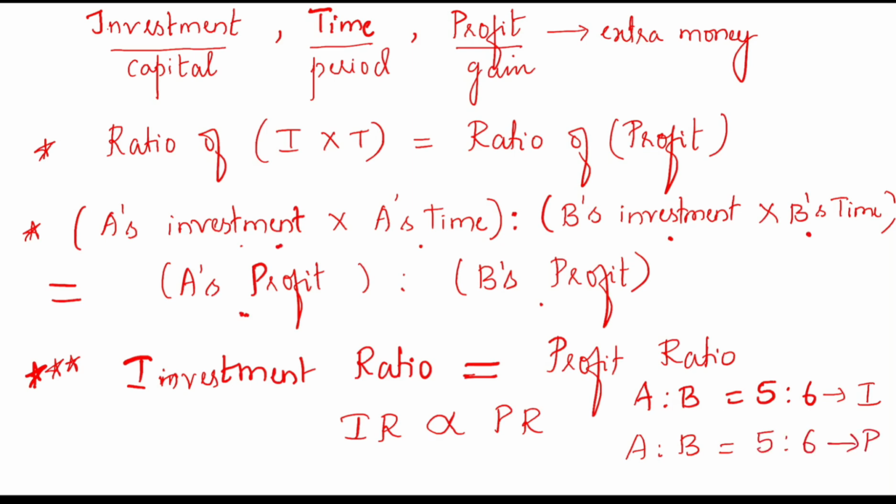If A and B have invested in the ratio 5:6, then they will share the profit also in the ratio 5:6. This was the important thing we need to know before starting partnership problems. So with this brief introduction, let us move on to the first problem.